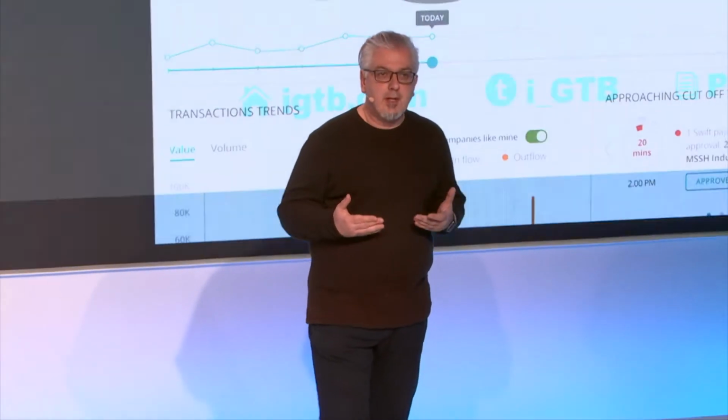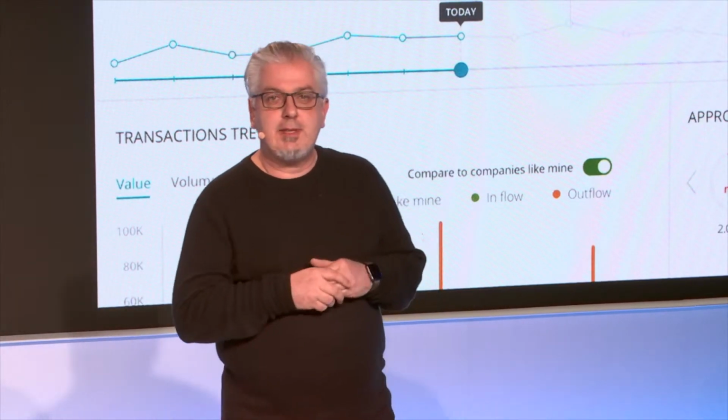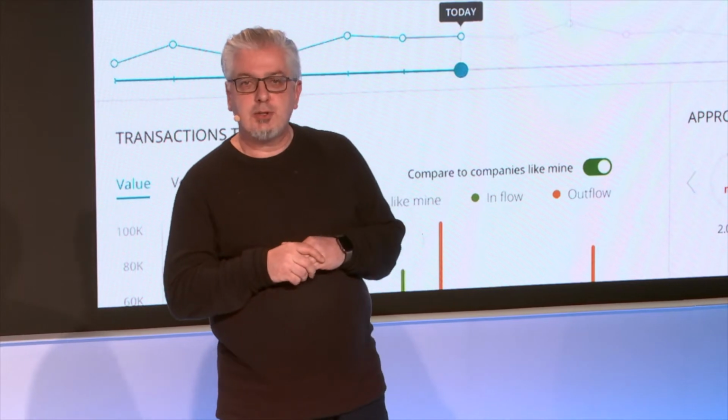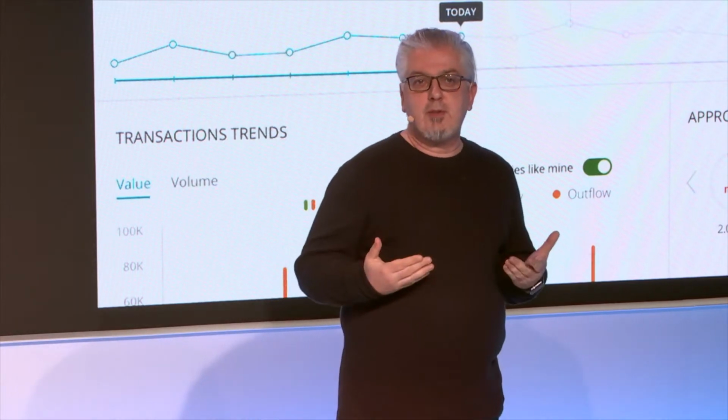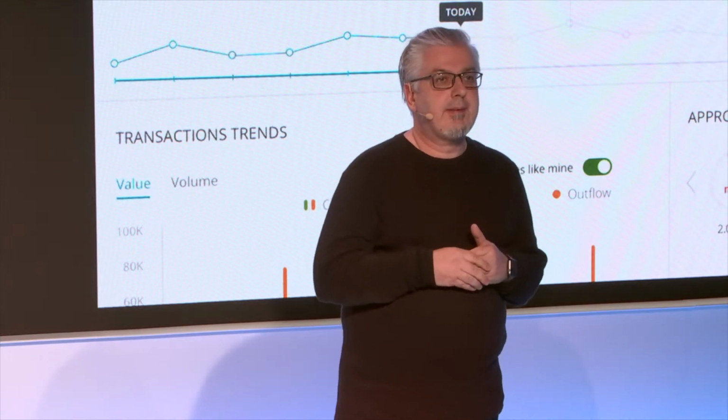Our customers are banks that want to provide a better answer to the needs of their corporate clients, SMEs, or sole traders. So what we're showing you today is our flagship product called CBX.